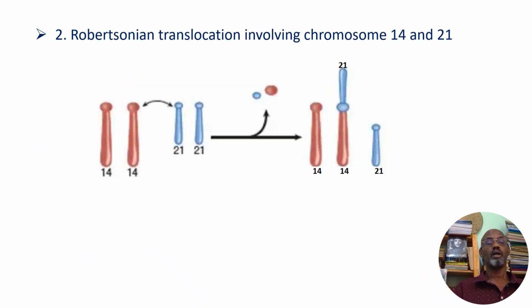Now, the second example, Robertsonian translocation involving chromosome 14 and 21. Here, you can see when they are undergoing translocation, the two pieces are lost, and you have one normal chromosome 14, one chromosome 14 with translocated 21 chromosome, and one normal 21.